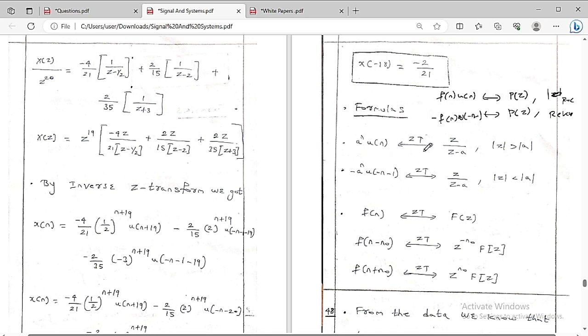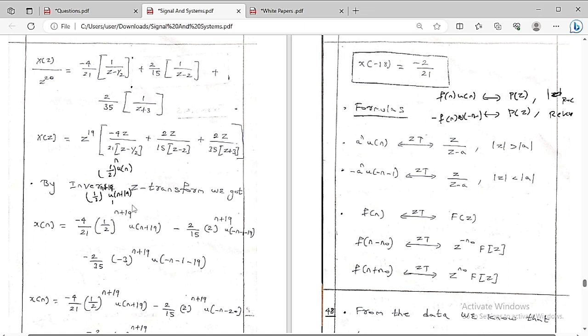So use a to the power of n into u of n, here a is half. But there is a z to the power of 19, so let's replace n by n plus 19. Finally, half to the power of n plus 19 into u of n plus 19.